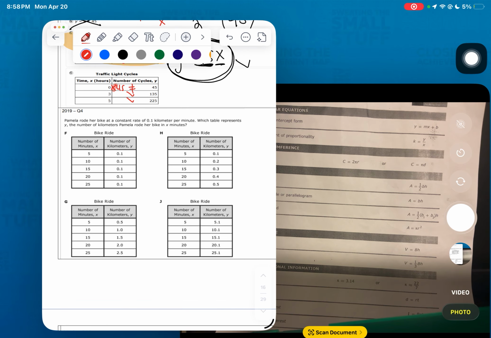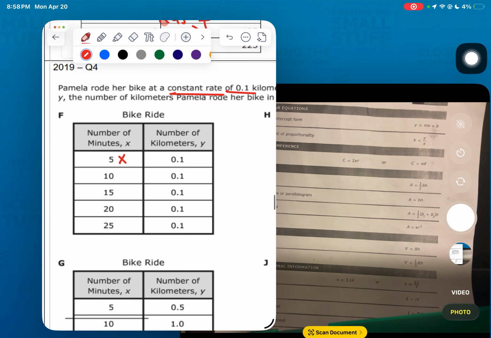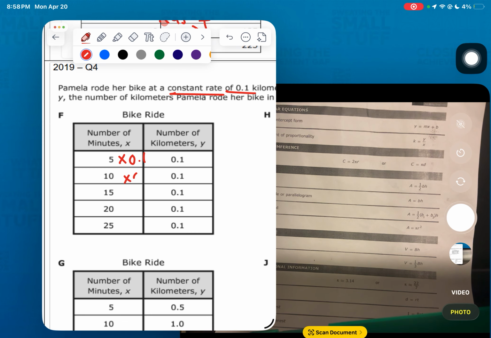Pero ahora nos dice, el constant rate es 0.1. Entonces that means that our y value is going to be equal to 0.1 times x. What does that mean for us? We need to check that each x is being multiplied by that value. And it's given right there.